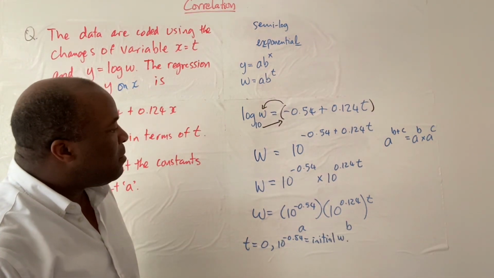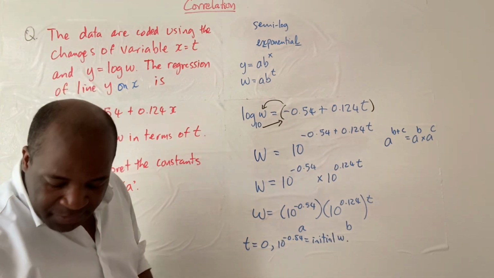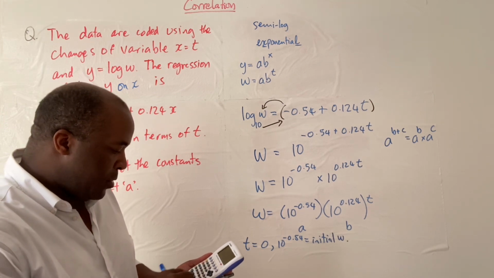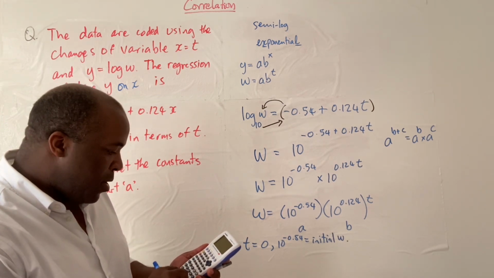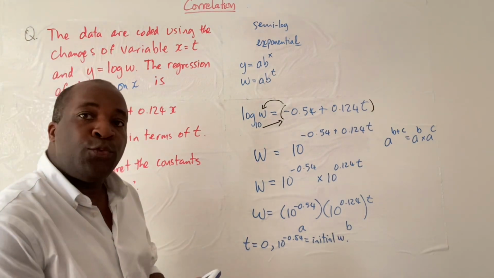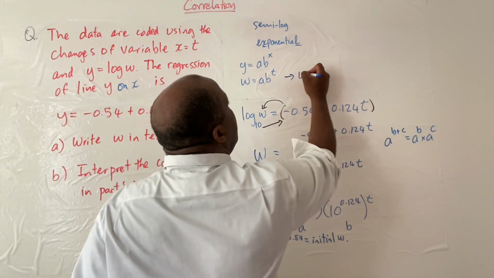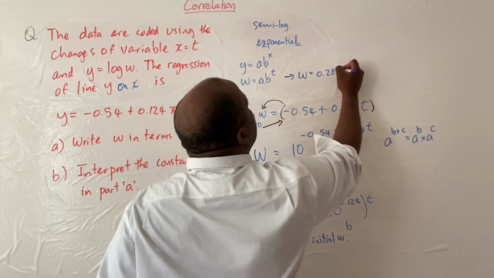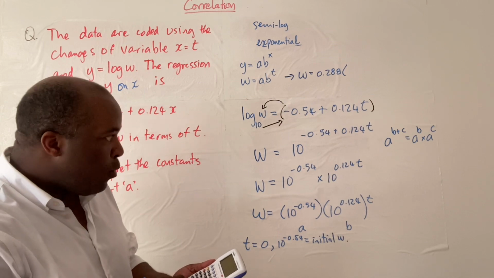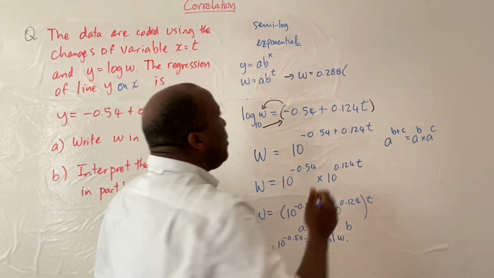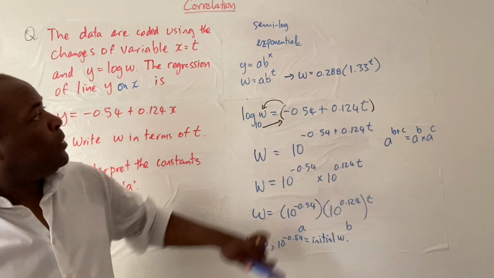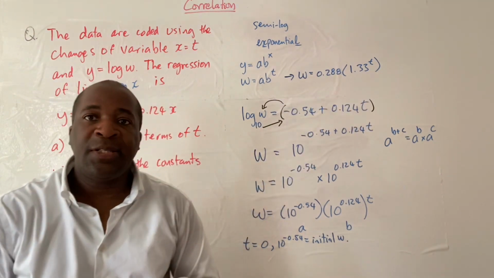Let's rewrite it in decimal form. 10 to the power of negative 0.54 is going to be 0.288. So we're going to have w equal 0.288 times 10 to the 0.124, that's 1.33, to the t. So this is the initial value of w.